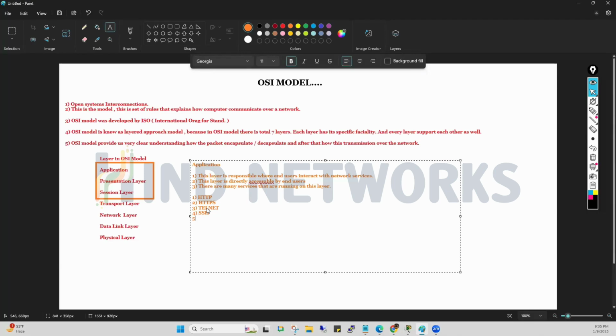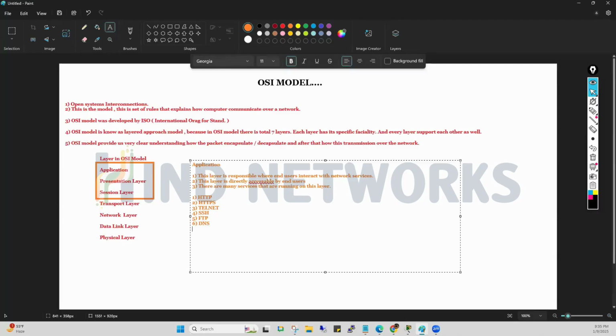Now, come to point number 5. What is the next one? Anyone here who can tell me? For example, FTP, File Transfer Protocol. It also works at which layer? Application layer, FTP. Next one, for example, DNS. What is DNS?